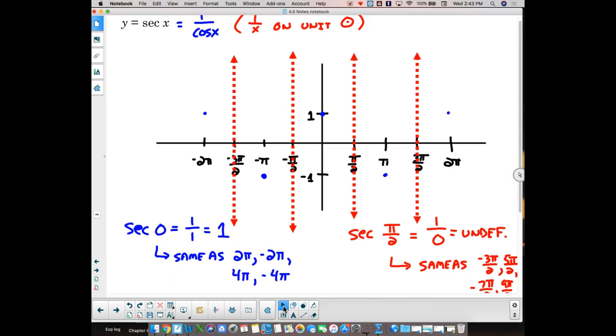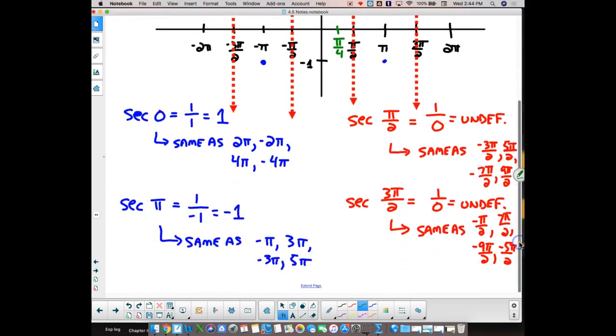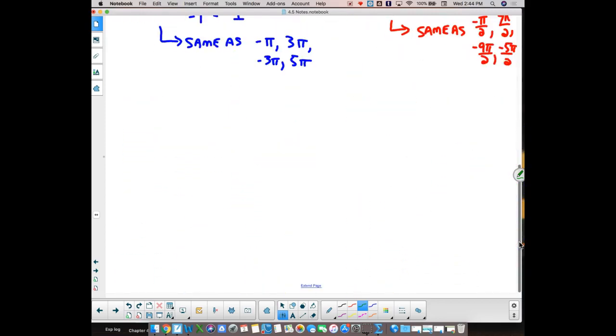Okay. Now what do you want to go to? Pi over 4. What is the secant at pi over 4?